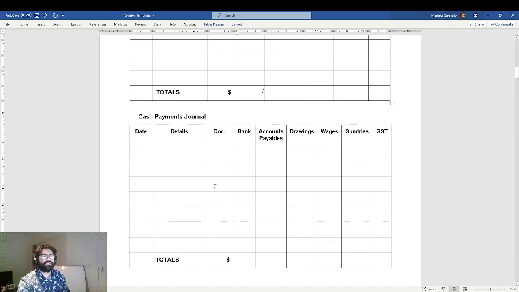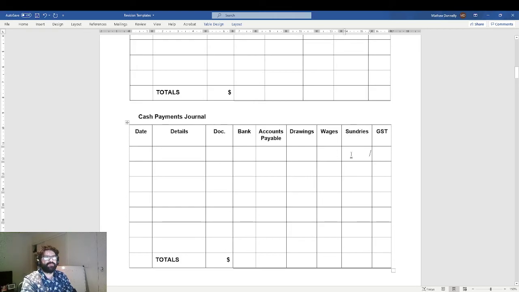The cash payments journal operates very similarly, except it is out, and it's very much anything that consistently happens quite frequently will get its own heading. So accounts payable, drawings, wages, GST would get its own subheading, while sundries would be its own thing.